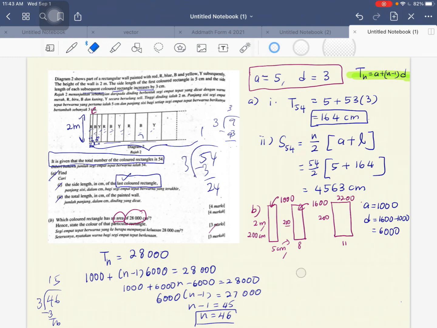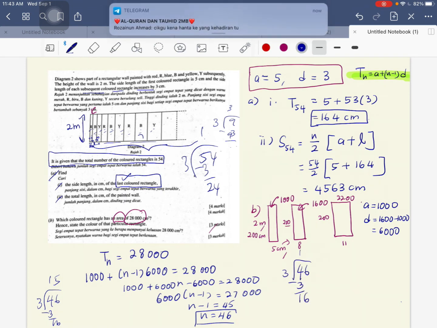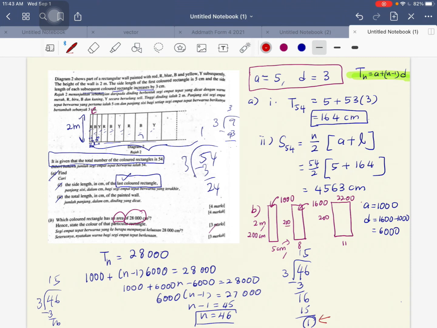When you divide it by 3, you get 15, so the remainder is 1. 1 is the rectangle that comes at the very first of the sequence, so it is red. So we can say that it is red. If you got the value to be 2, then it should be brown. If you got no remainder, then you should get yellow, right?